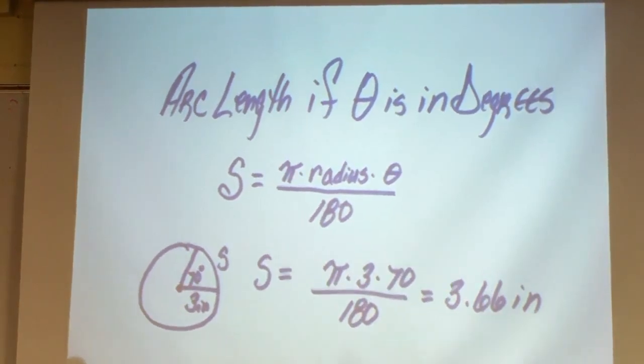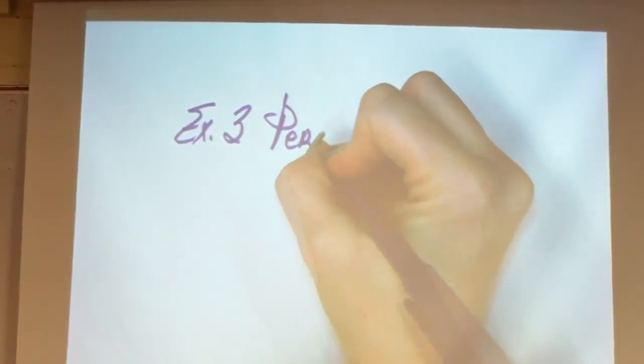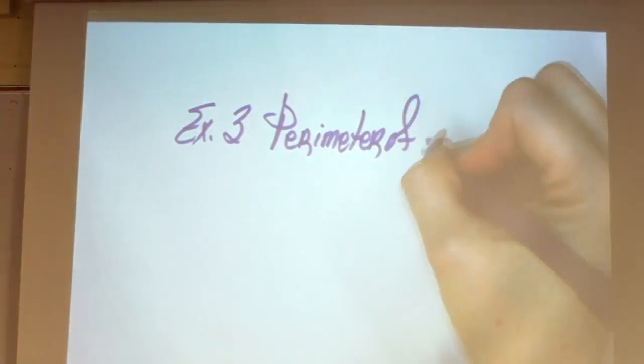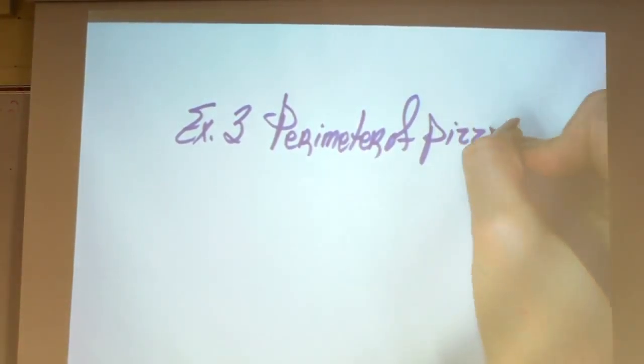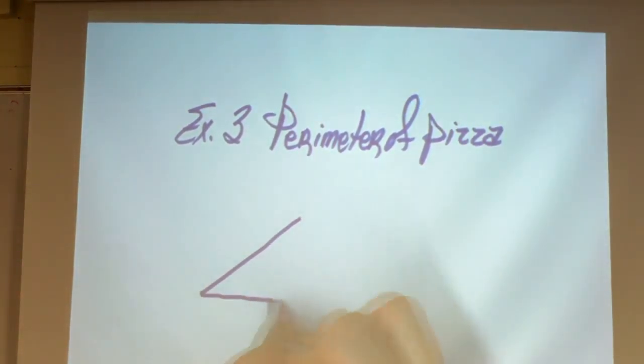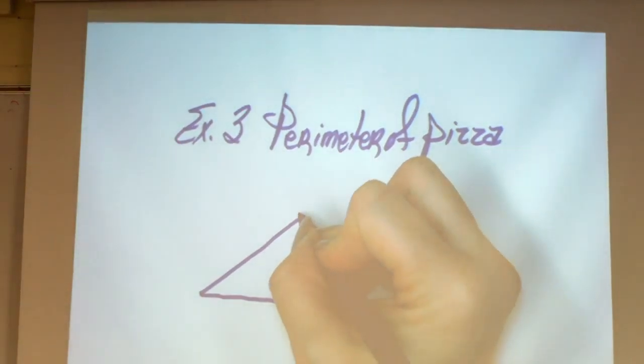Now let's do an example problem that we would have to use this to determine something. So let's do example 3 out of your textbook, and we'll find the perimeter of a slice of pizza. So here's my slice of pizza, with a rounded crust here.